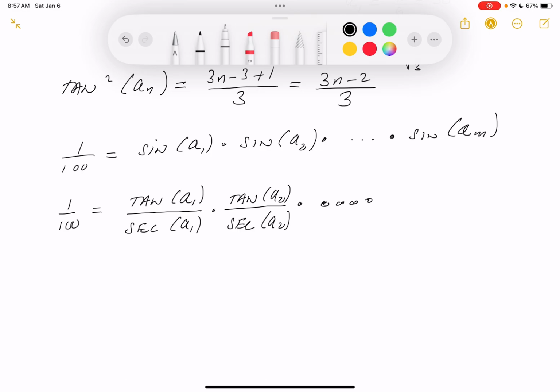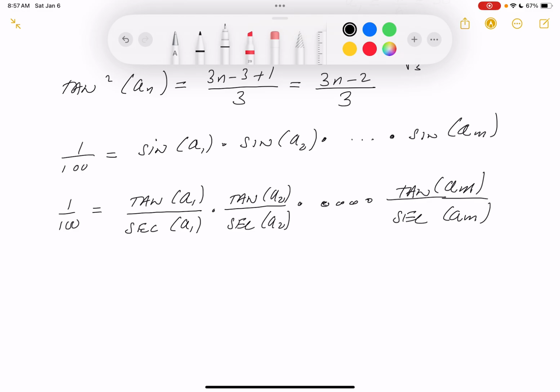Eventually we're going to get to the tangent of A_m over the secant of A_m. All right, I got to remind myself looking back over this thing over here.